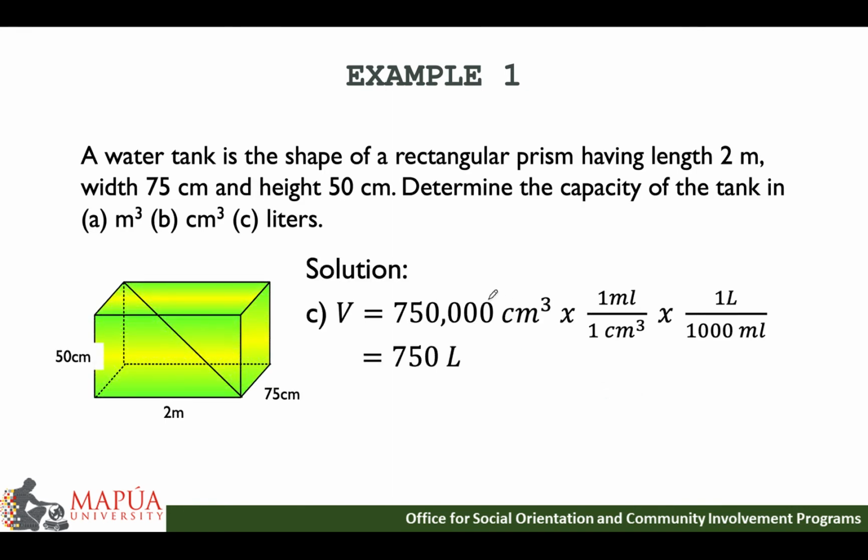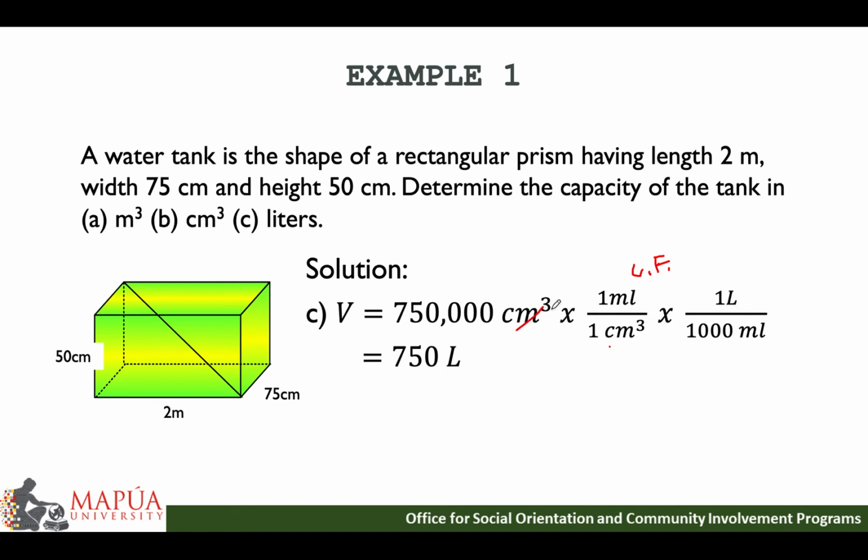And for liters, starting from the result of letter B, which is 750,000 cubic centimeters, our conversion factor is that for every 1 ml we have 1 cubic centimeter, and 1 liter is equivalent to 1000 ml.